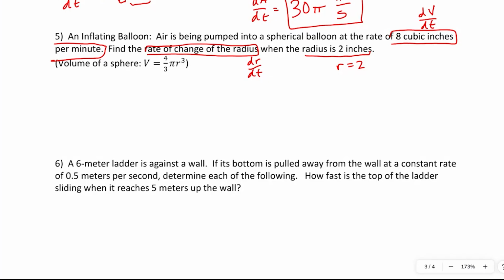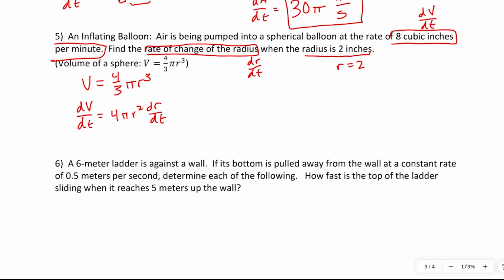So the geometry formula we're going to work with here is given to you: the volume of a sphere, V equals 4/3 pi r cubed. But we've got information about rates of change, right? So we need to differentiate this with respect to time. dV/dt equals 4 pi r squared dr/dt.